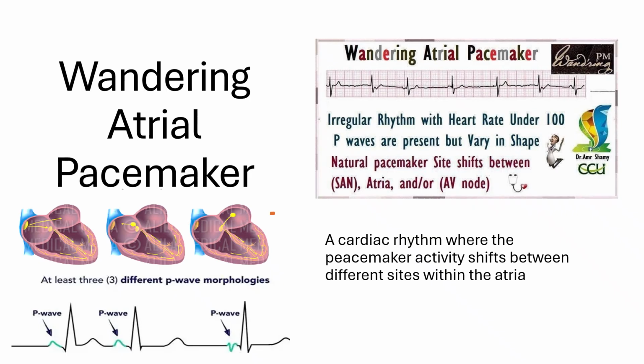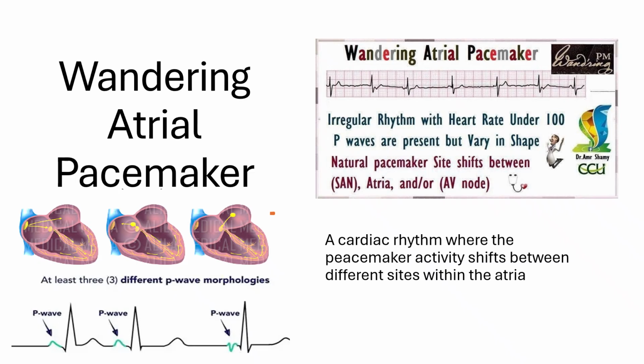So you will see a variety of different P waves. And in order for a rhythm to be considered wandering atrial pacemaker, you have to have at least three different types of P waves. They may be upright, inverted, flat, they may be in the QRS, after the QRS. You may notice some of them are peaked.